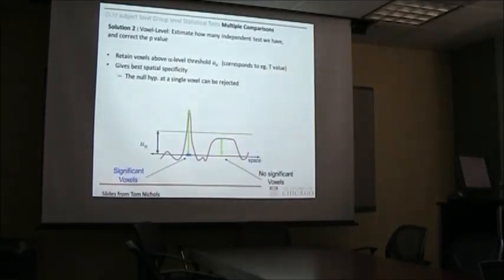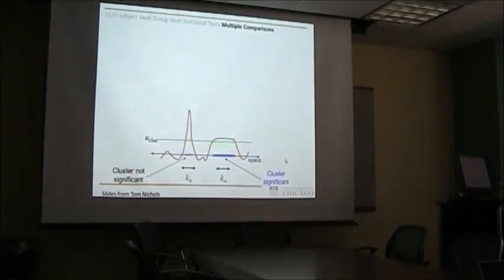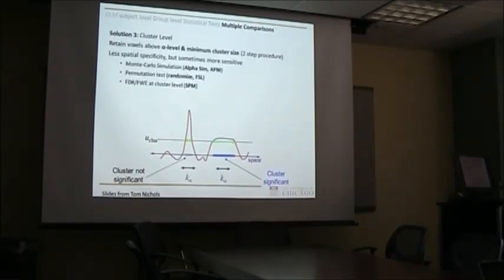this one. So here we call this voxel significant, but these ones we didn't call significant because they didn't pass this threshold. But in this case, we're doing the opposite. We are calling these voxels significant because they both pass the threshold and pass this cluster extent.